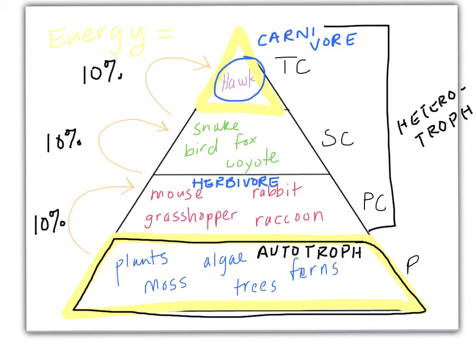So what do we call these animals, for example, these in the middle here, that eat both animals and plants? They have a special name as well. They are called the omnivores. So you can see within one energy pyramid, some organisms have many different names. We're going to look at that next.